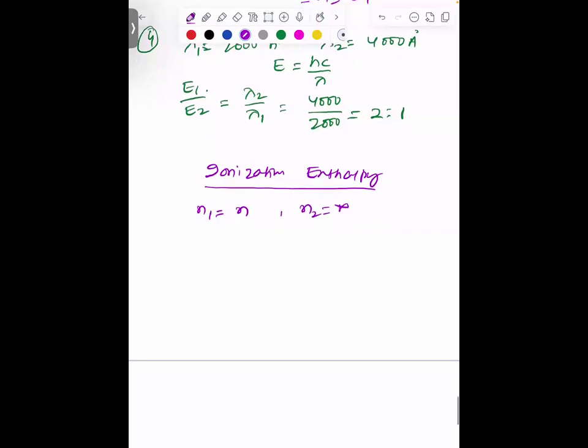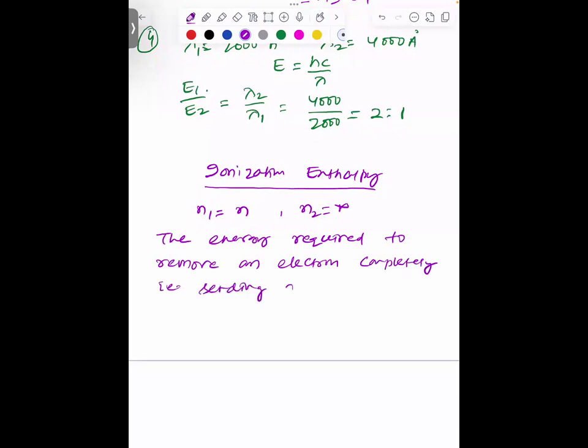Okay, so write down: the energy required to remove an electron completely, that is sending an electron from the existing shell to infinity.